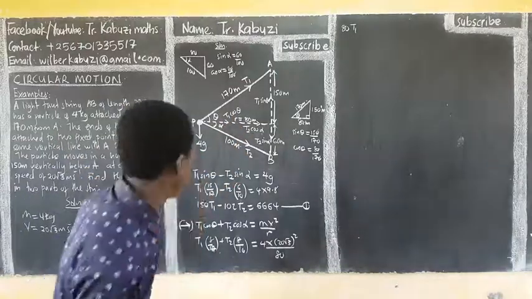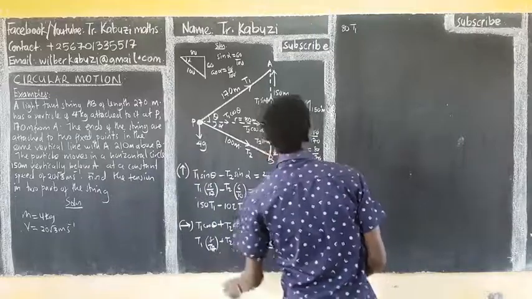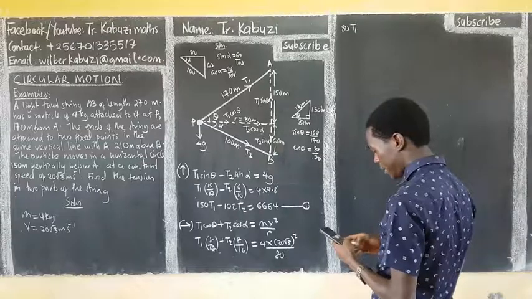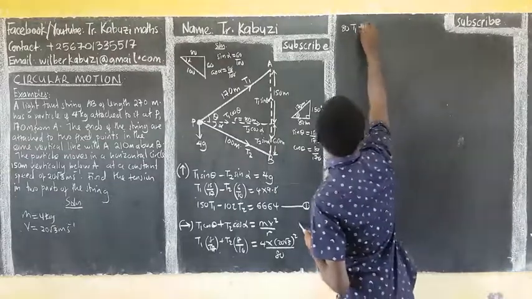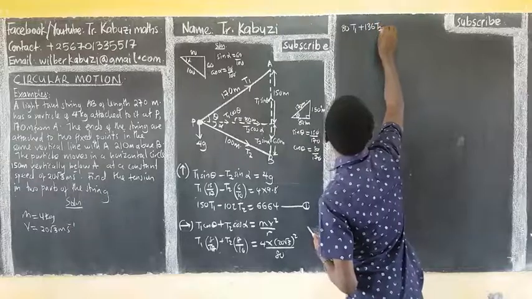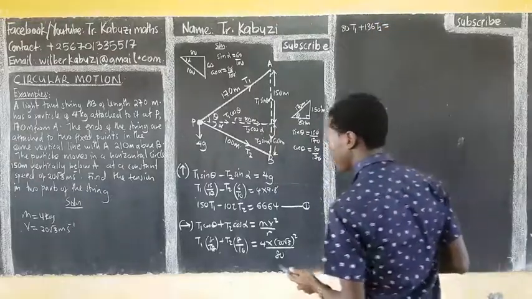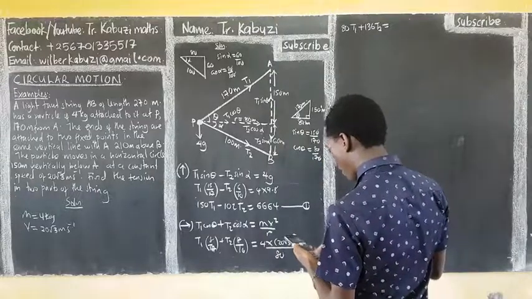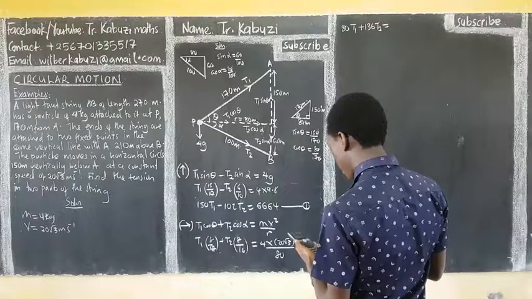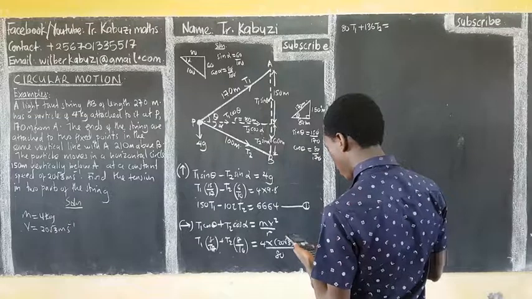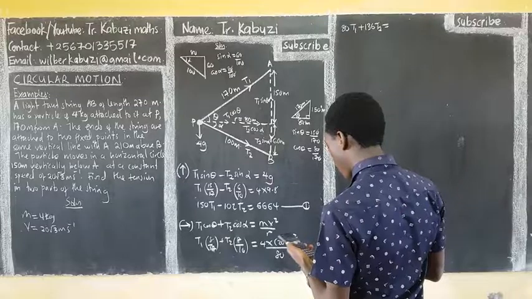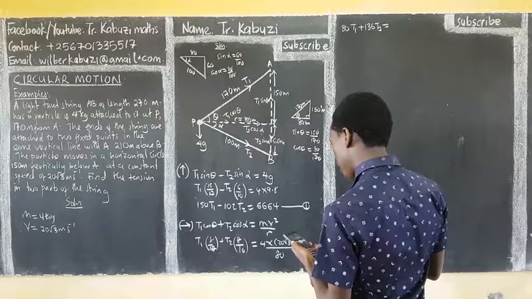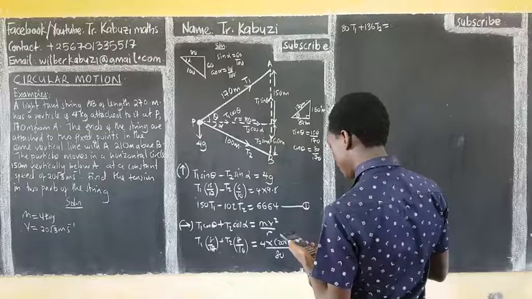Okay, so from there, when you simplify, this one is going to be 8 T1. Then we have 8 times 17, which will be plus 162 equaling 2. Now here we have 4 times 23 squared divided by 80, then times 170.